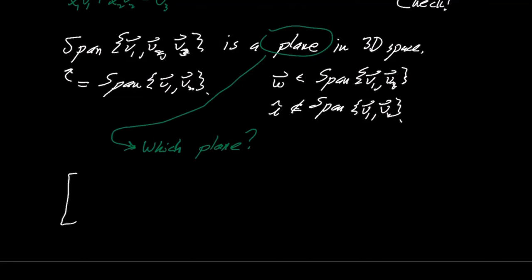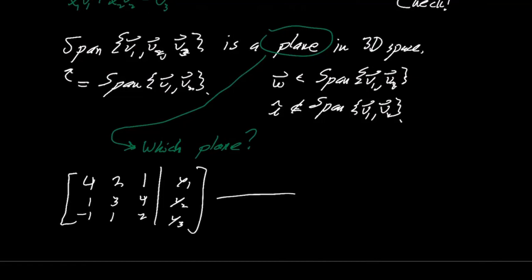You can take the original matrix, sorry, 4, 1, minus 1, 2, 3, 1, 1. I'll go ahead and put the V3 in there, even though we don't really need it. And then you could augment with an arbitrary Y1, Y2, Y3 and row reduce. I'm just going to reduce it to echelon form, not even reduced echelon form. And if you do that, I claim you get the following.